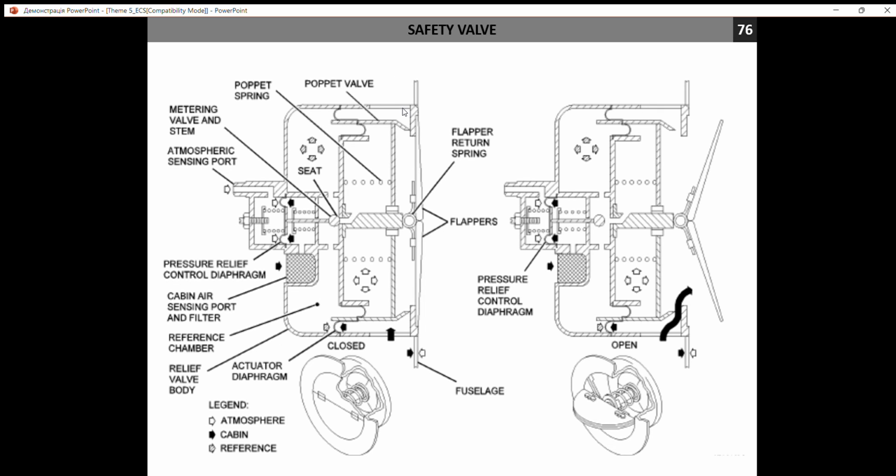Here it is closed when the difference of pressure is normal. Such a type of safety valve has no control units. I mean, they are not controlled by the pilots or somebody else. It's a fully autonomous and independent system.